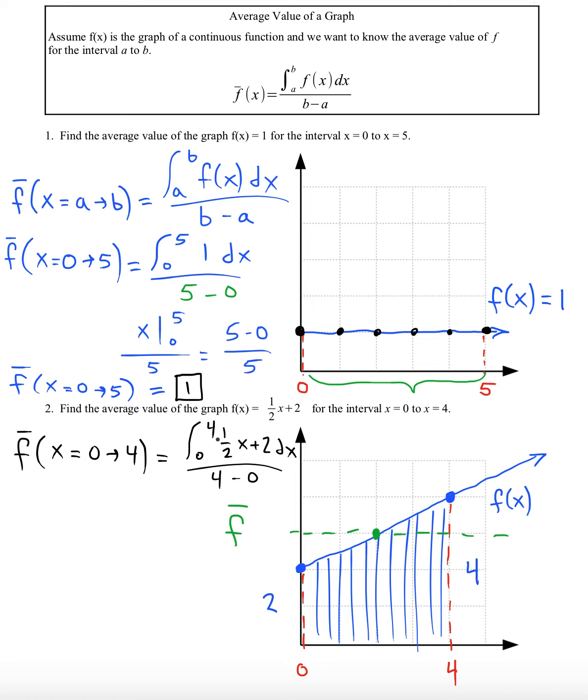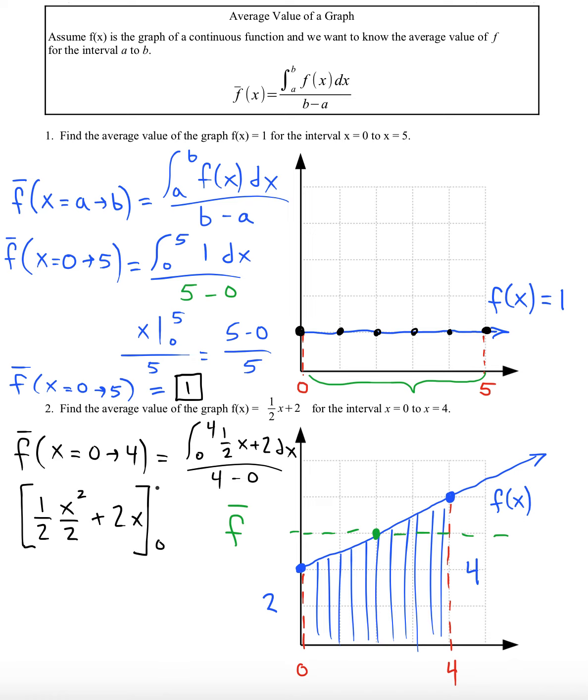So let's see if we can just integrate there. We'll get 1/2 x squared over 2 plus 2x. When we have more than one term, it's common to put braces around the whole thing.